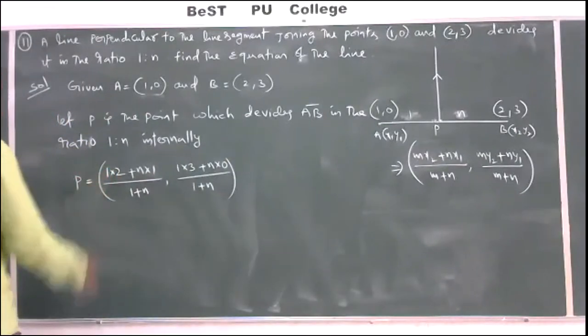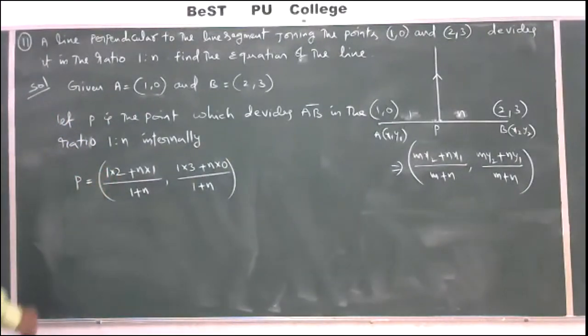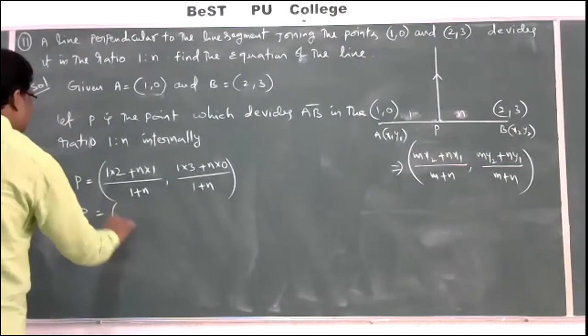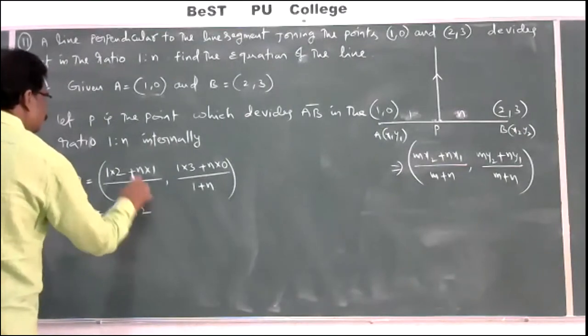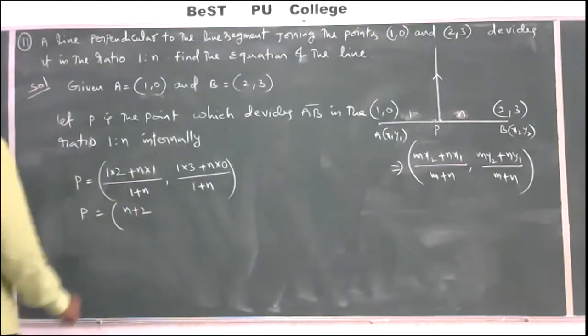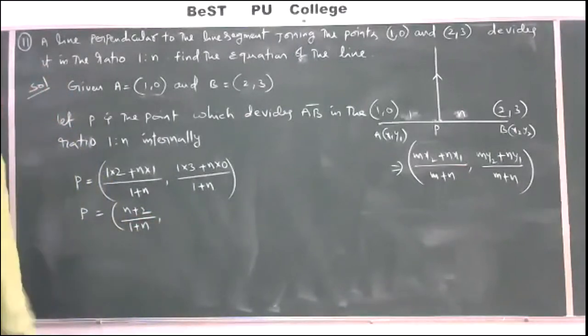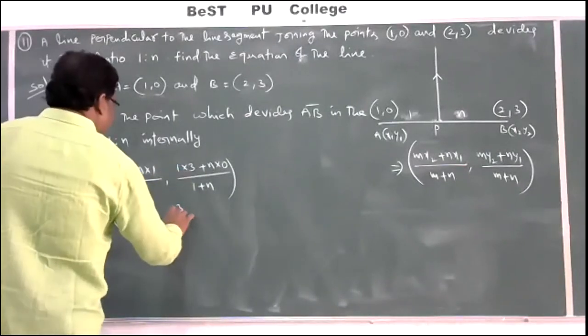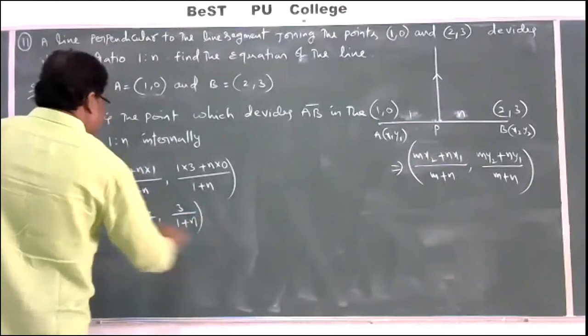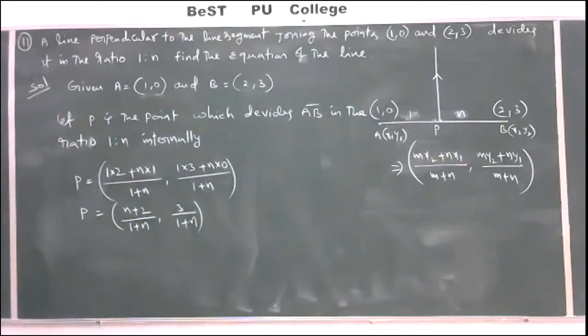This is the point P. That is, P is equal to n plus 2 by 1 plus n, comma, 3 by 1 plus n. This is the point P.